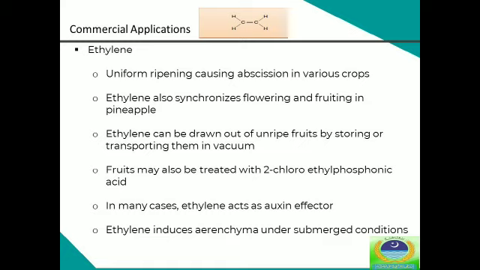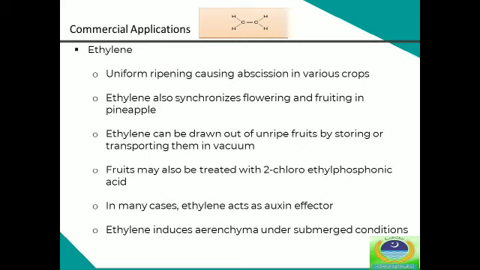And in many cases, ethylene acts as an auxin effector. The arrival of auxin at target site often causes that site to produce ethylene, which diffuses more rapidly than auxin itself and triggers responses in the adjacent areas that the auxin aims for.